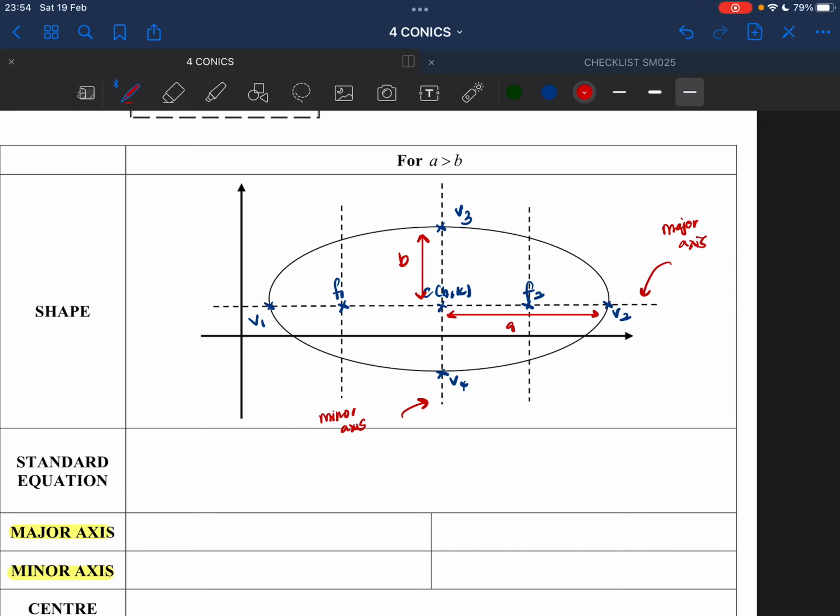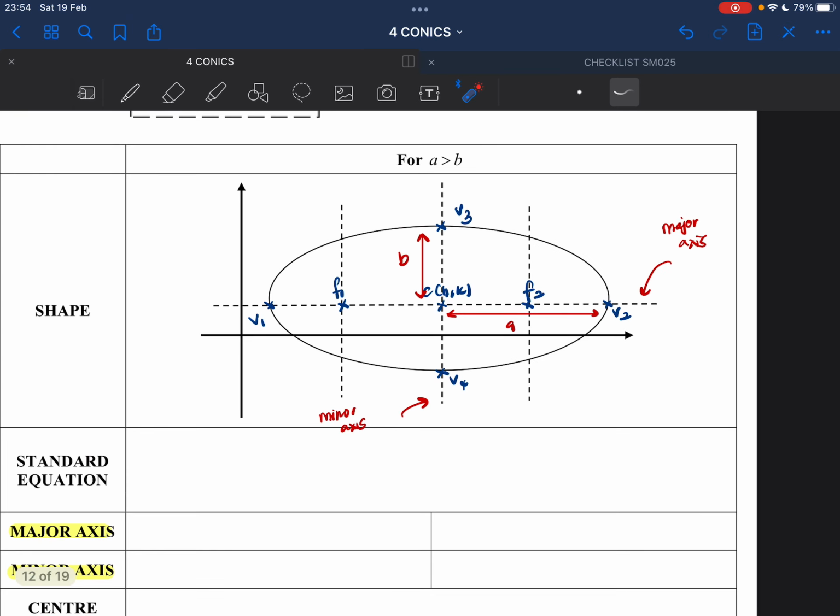No matter whether the shape is vertical or horizontal, the horizontal distance between vertex and center is always going to be a, and the vertical distance between center and vertex is always going to be b. So that's why you know that the difference between the two shapes is the value of a and b.